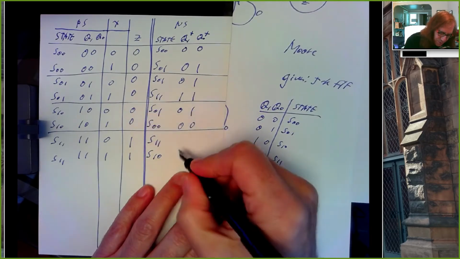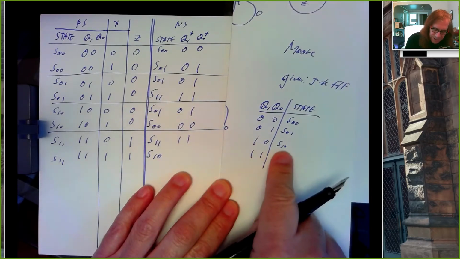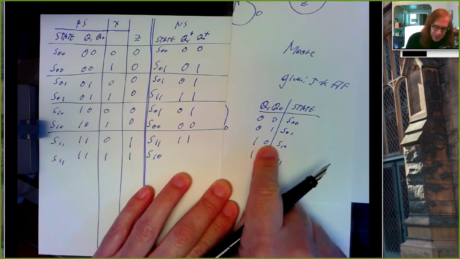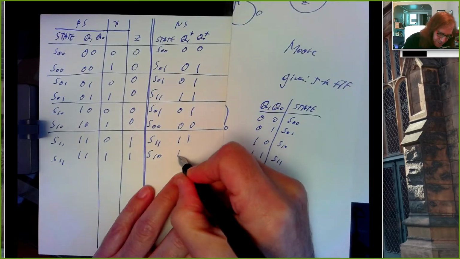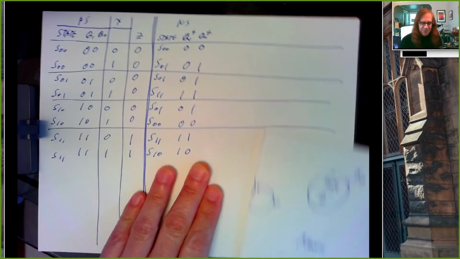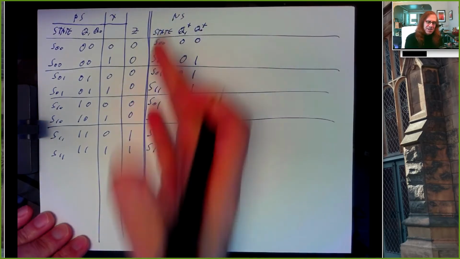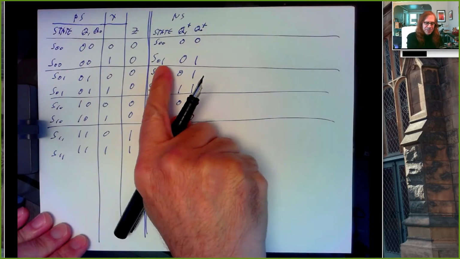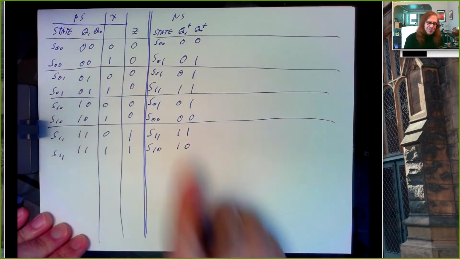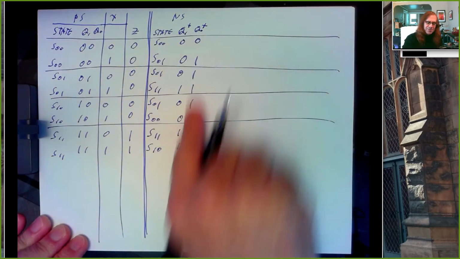There's another 1, 1, and then S1, 0 means Q1 should be a 1, Q0 should be a 0, so this will be 1, 0. Right? And it's pretty clear what I did here. I chose the names of my states so that the subscript would be the value of Q1 and the value of Q0. So I can actually just look at this and write these down.